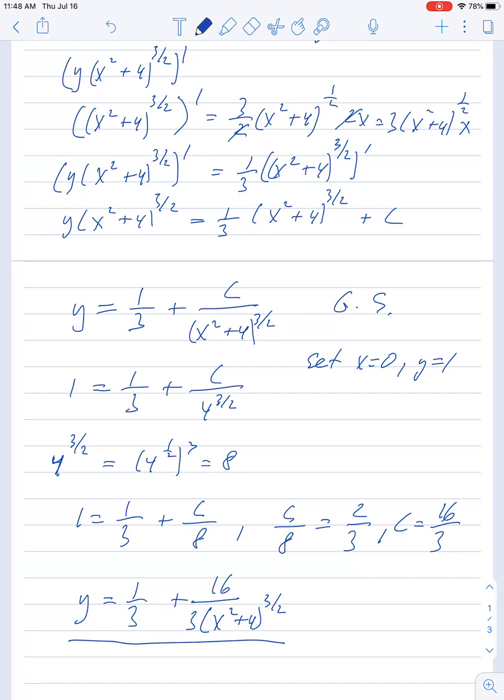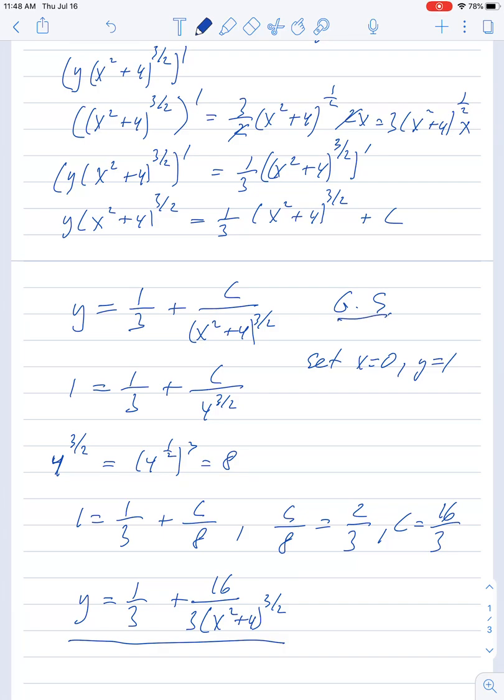We can compute here when x is 0, this will be 16 over 8, which is 2. 1/3 plus 2/3 is 3/3, is just 1. Everything is fine.